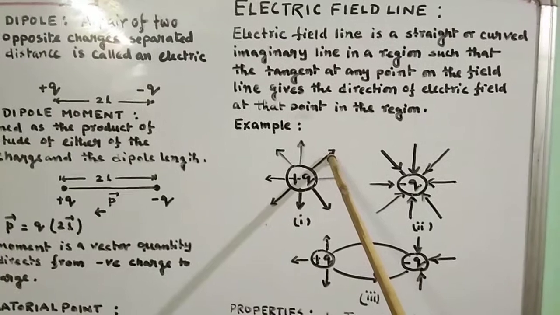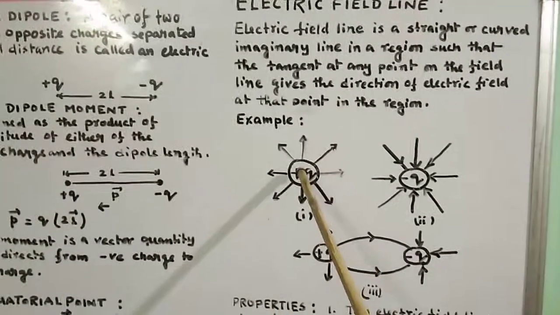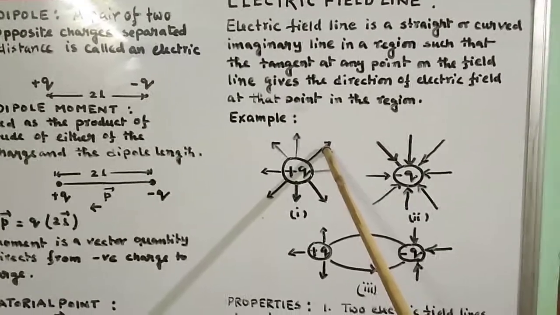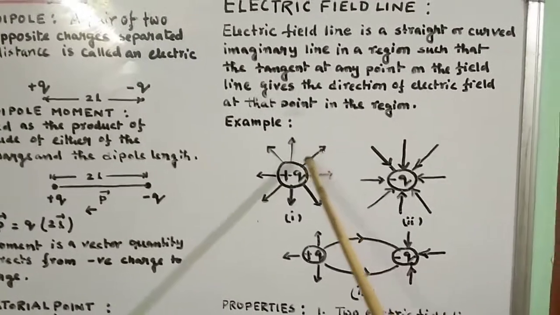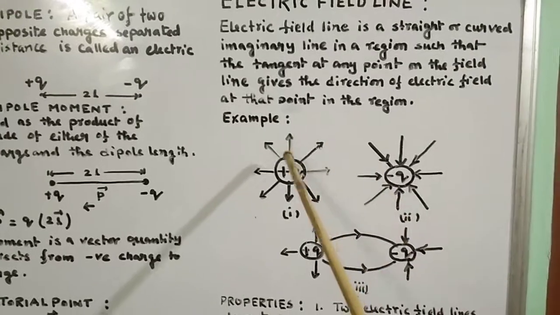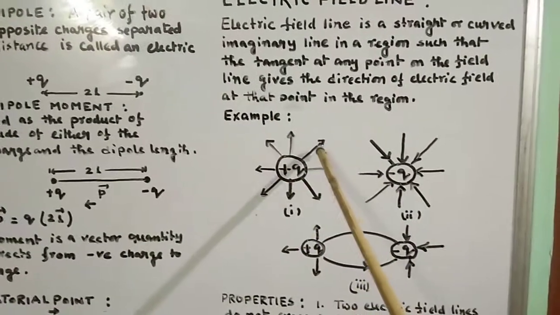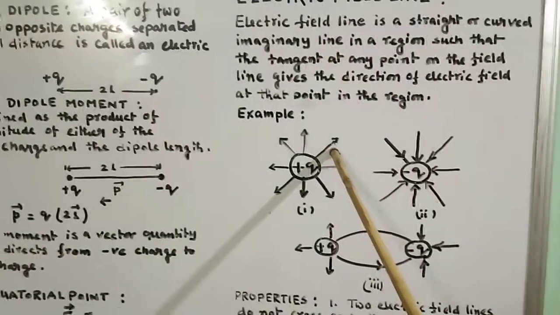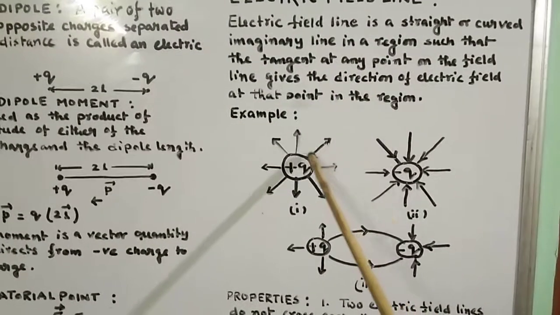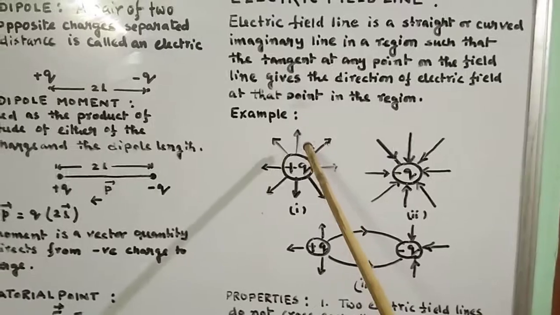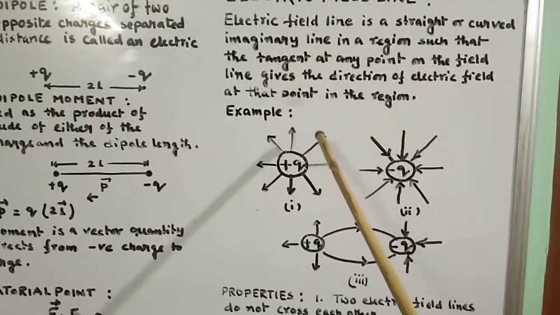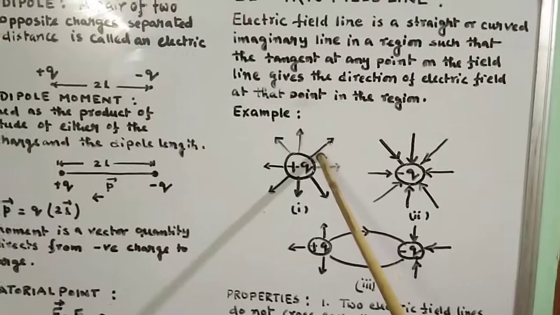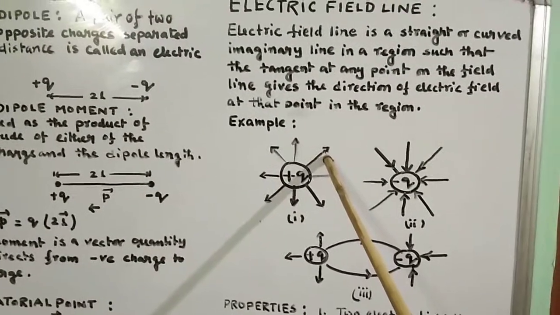A repulsive force will be experienced by the unit charge, so the direction is out of the source charge. So the field intensity or the force at this point is in the outward direction. This arrow defines the direction of the force experienced by the unit positive charge, or the direction of the field intensity.